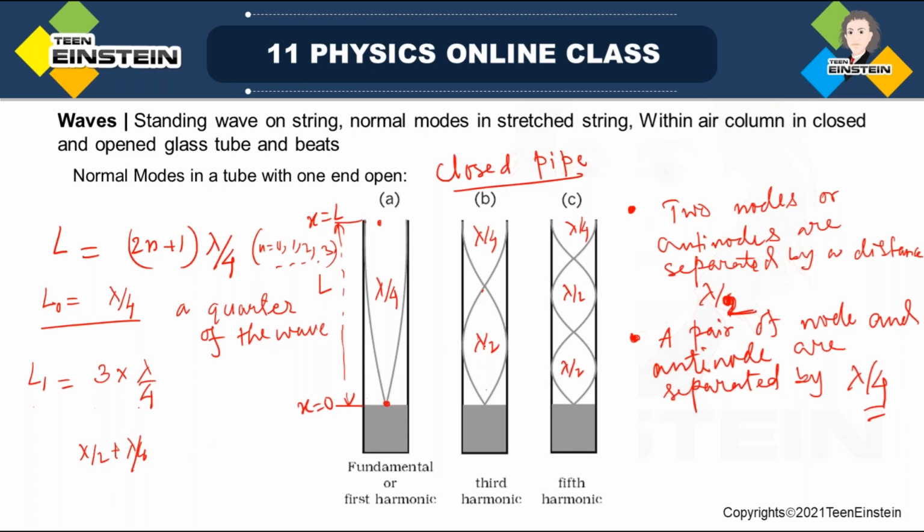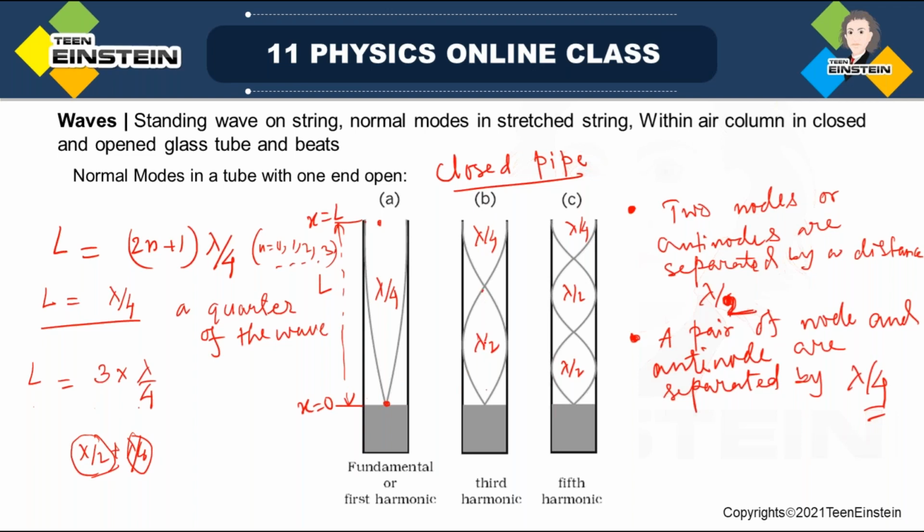Look at this one here, within the same length L, when the third harmonic is produced in the air column, you will see one half of the wavelength and another quarter of the wavelength.